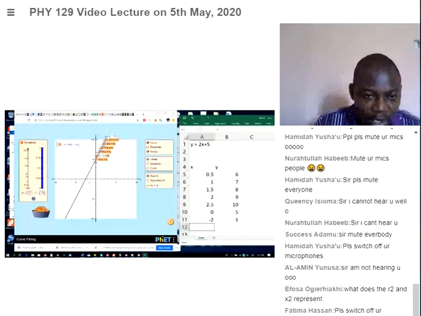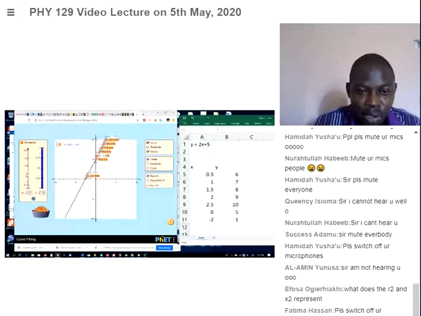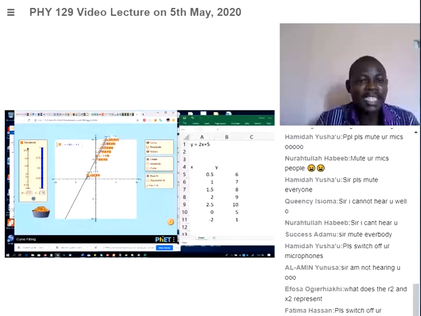Minus 2 multiplied by 2 is minus 4, plus 5 will give me positive 1. Okay? And you can see the more values, the more accurate the equation is becoming. Is that okay? You can also have minus 5.